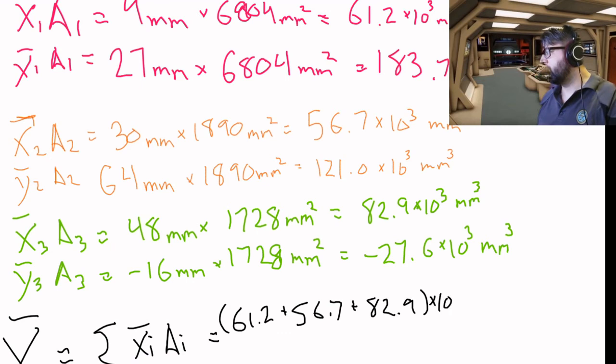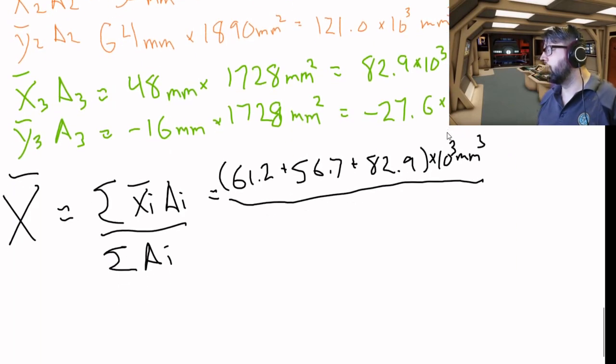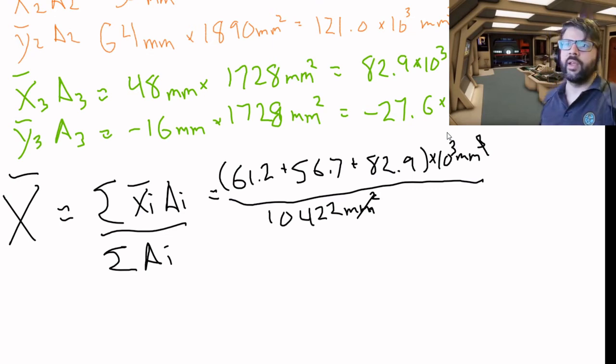That's all times 10 to the 3 millimeters cubed. And then we just divide that by the total area. So the total area is 10,422 millimeters squared. That cancels out all but one of the millimeters, so the result we're going to get is going to be in millimeters, which is exactly what we expect.